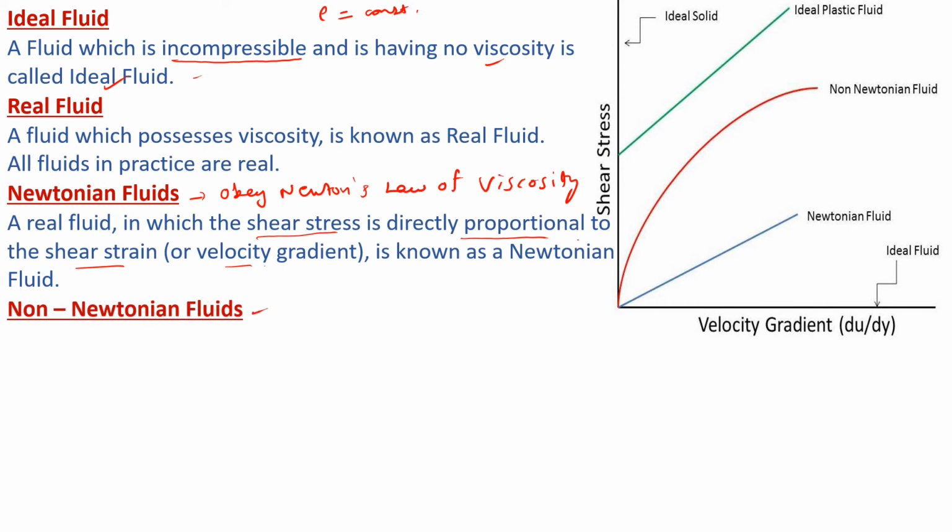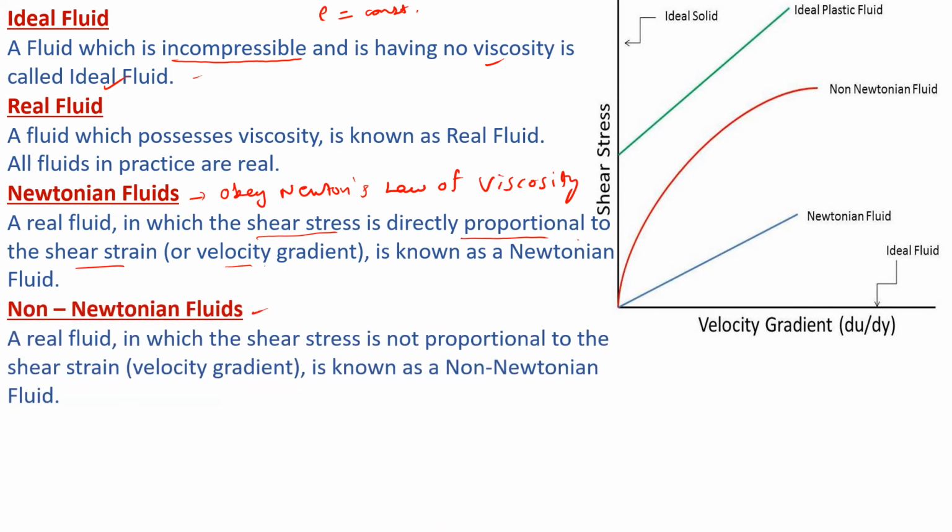Now, non-Newtonian fluids are those which do not obey Newton's law of viscosity, and in these fluids the shear stress is not proportional to the shear strain or the velocity gradient.